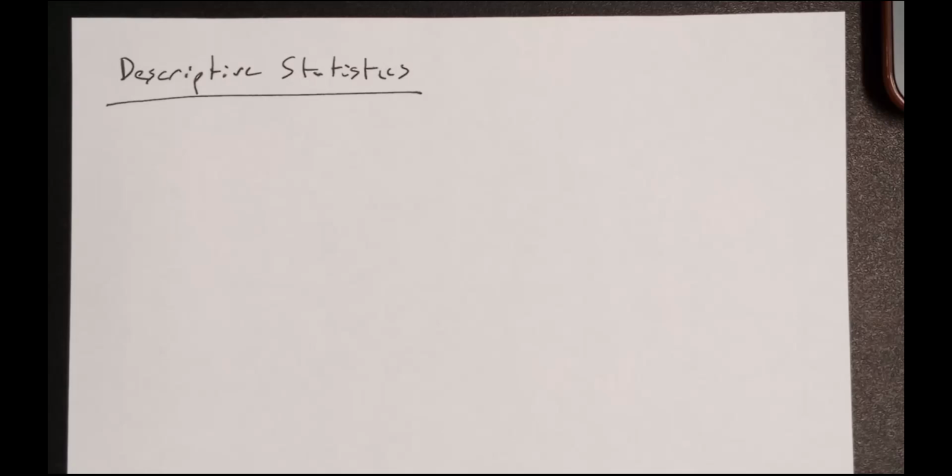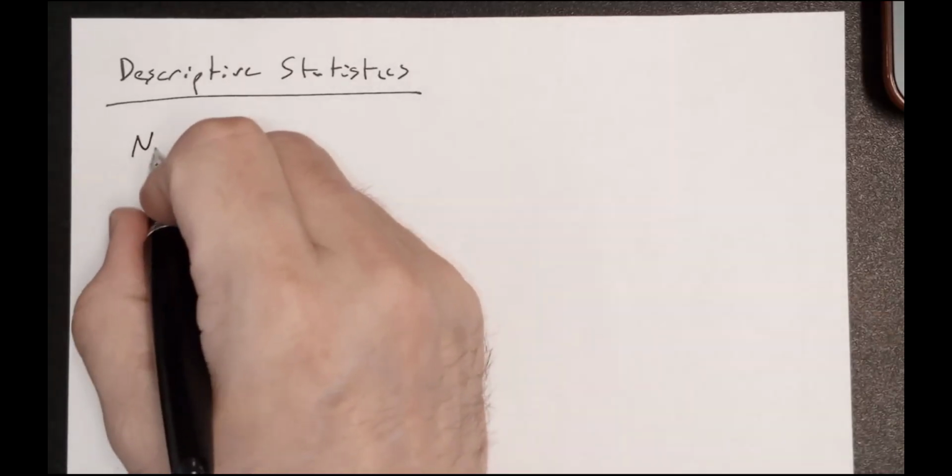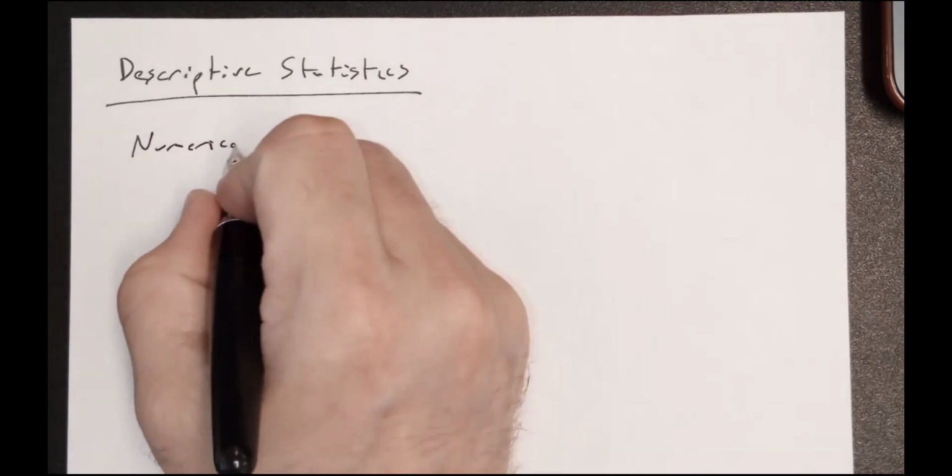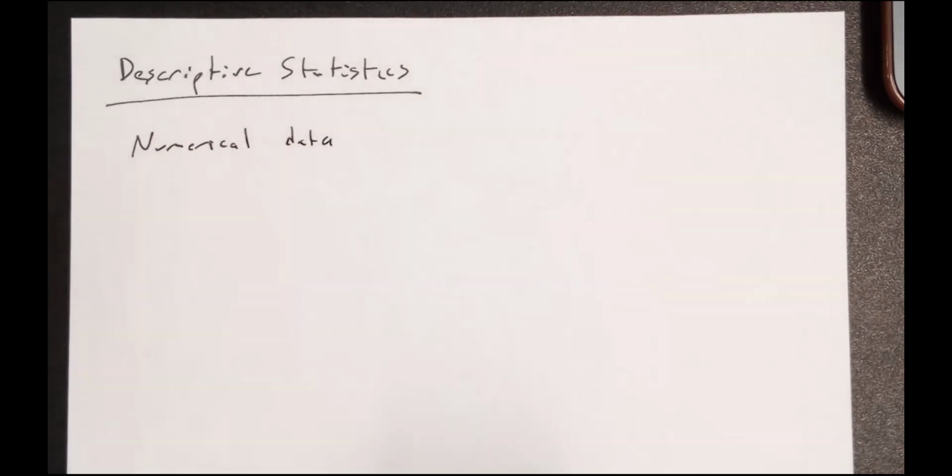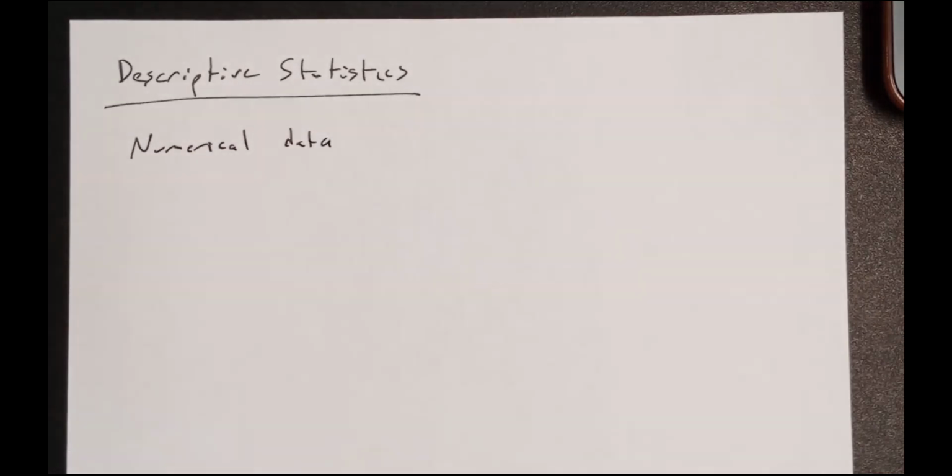Primarily when we deal with quantitative data as opposed to qualitative data. So I'm dealing in numbers. It could be continuous, it could be discrete, that's less relevant, but usually we're looking at ratio data as opposed to interval data.